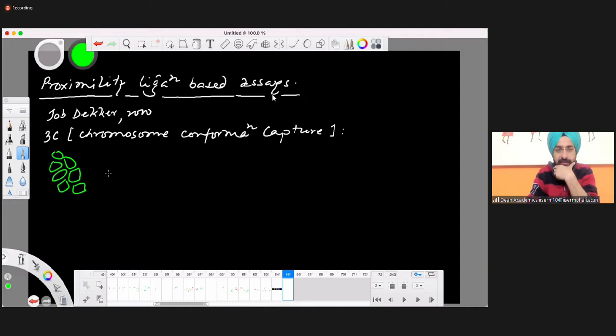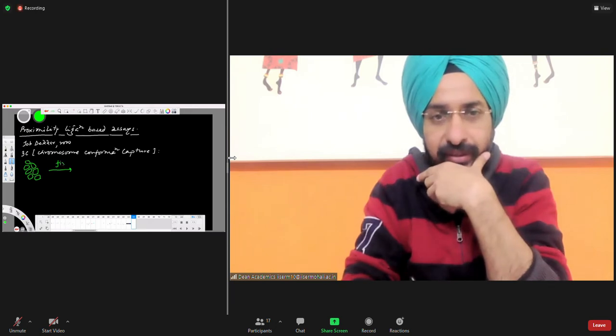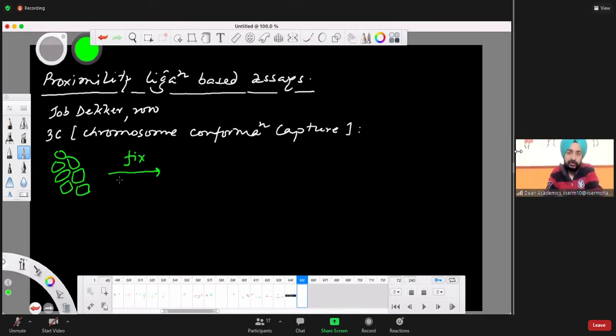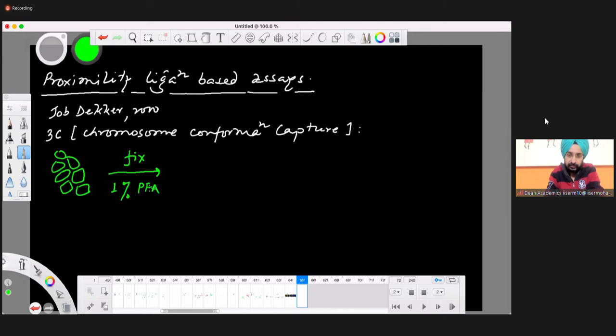I mentioned briefly in the last class also, we fix it using formaldehyde. So 1% paraformaldehyde. It makes the crosslinks. Okay, it's a polymer. Okay, and it has some affinity towards certain amino acids and certain DNA residues, DNA nucleotides.